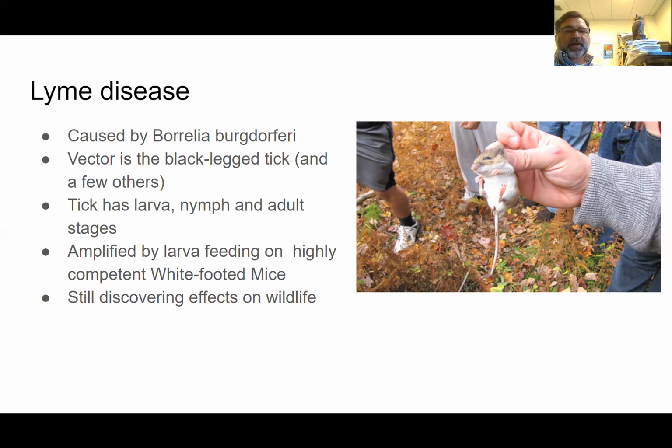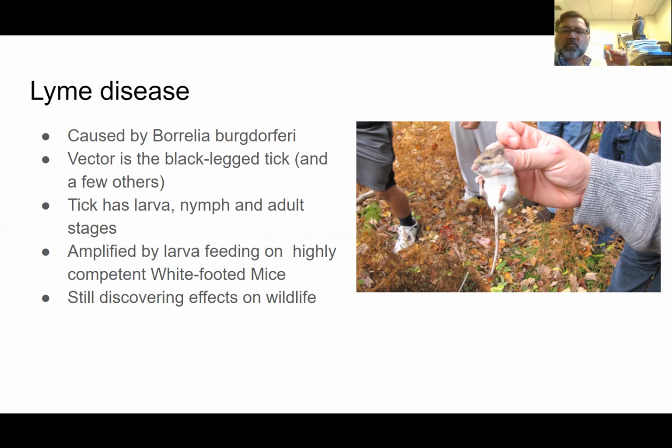This tick has larval, nymph, and adult stages, and that disease is carried through the different stages. And it's amplified in a community when a larval tick, these little tiny seed ticks, as they're called, feeds on a white-footed mouse. If the white-footed mouse is infected with Lyme disease, then any tick that bites that mouse will get infected.